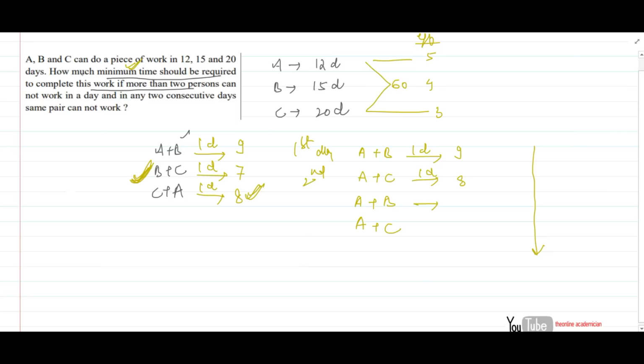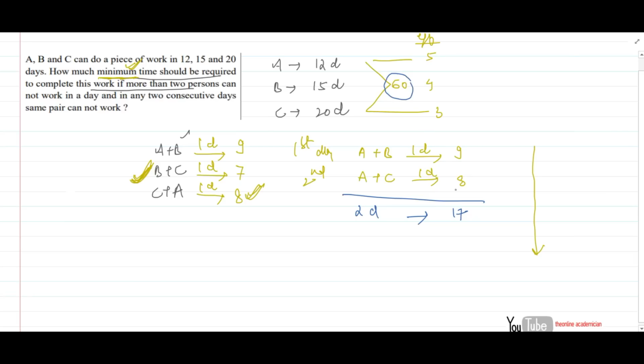Also, we have to minimize the time, so that's why we have taken the two highly efficient workers. Now we know A plus B and A plus C will work in an alternate fashion. So in 2 days they will finish 17 units of work, and total work is 60.